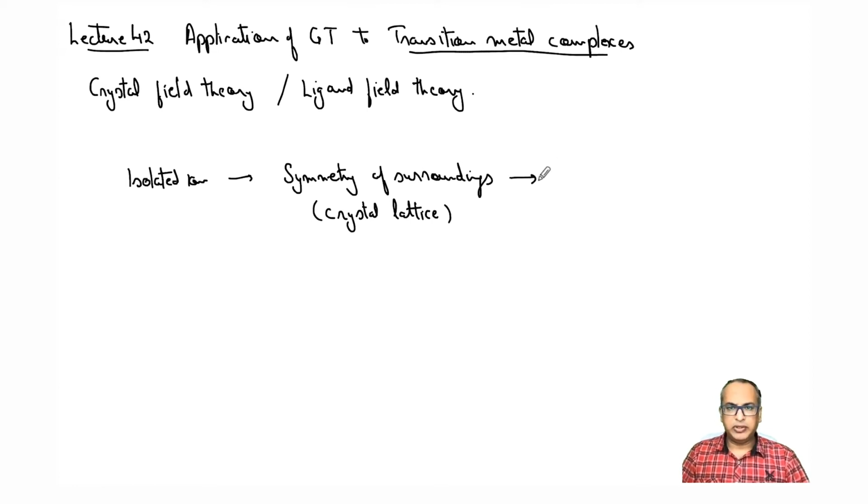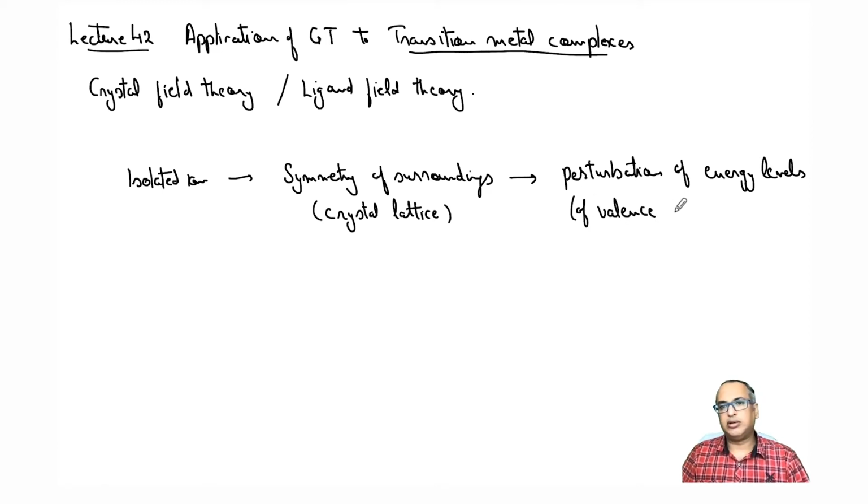And if you see that there is a perturbation of energy levels of, we can say, valence orbitals. Okay, this has been observed, and to explain this phenomenon, crystal field theory was coined.